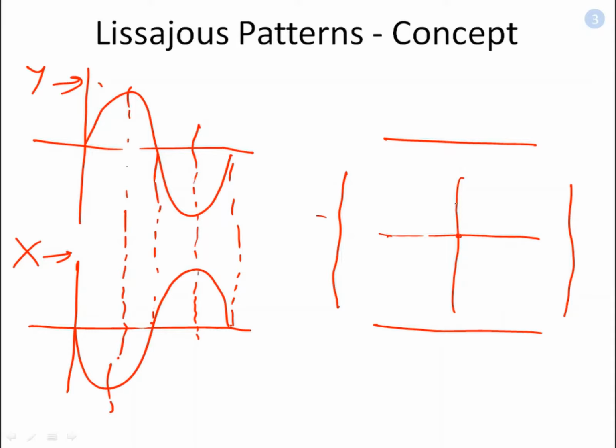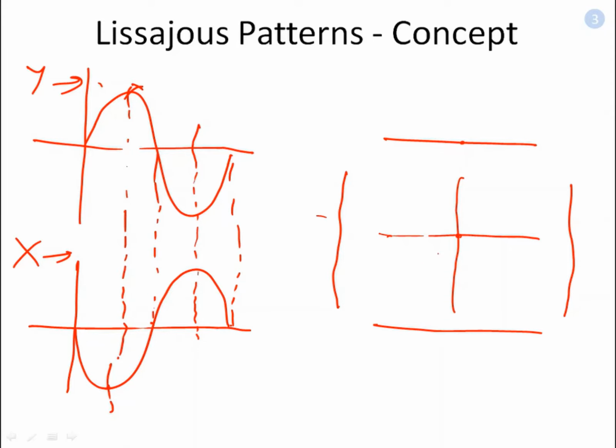So y is reaching some point, say it reaches the peak, y reaches the peak, this point, and x reaches the negative peak. You see the negative peak means this point, you can see below.